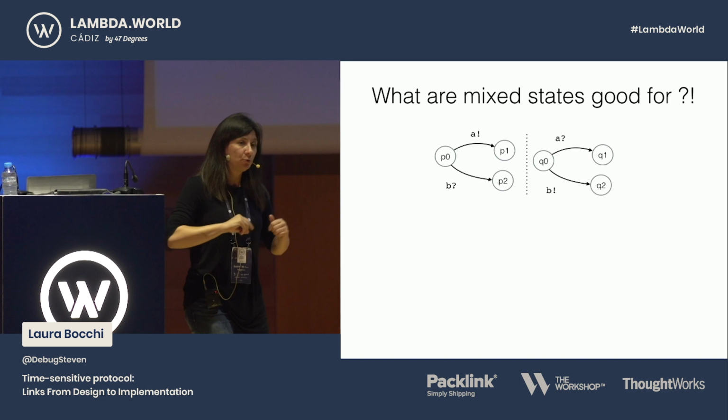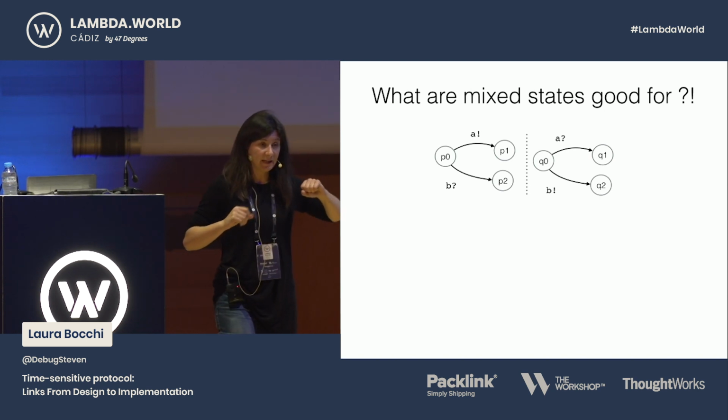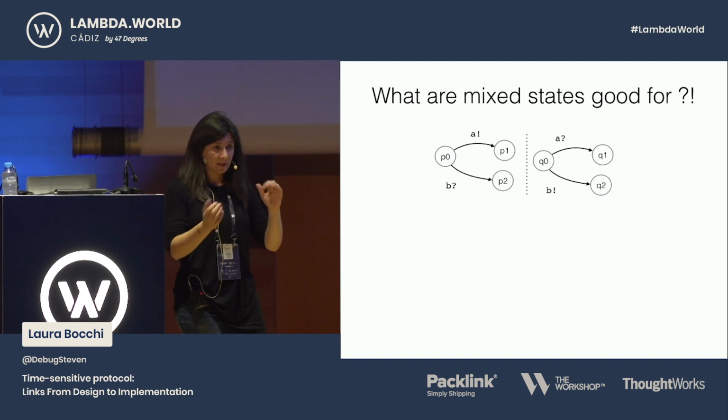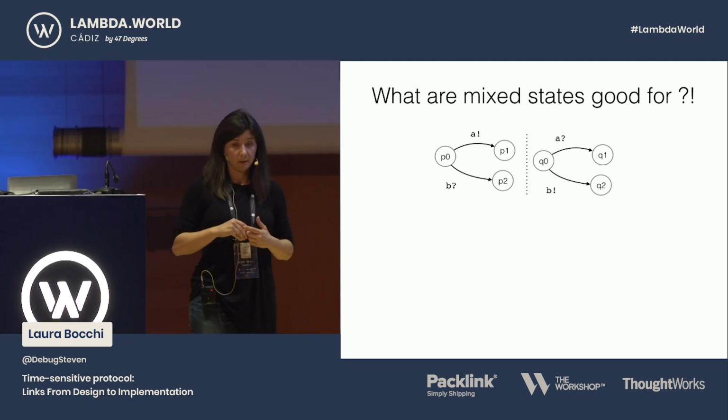remember that session types do not model mixed states, right? States in which you have a send or a receive as an outgoing edge. The first time I saw this constraint, I thought it was very reasonable because, of course, in a distributed system, you don't want to create confusion about who's doing the next step. But can you think of a scenario in which mixed states are actually good?